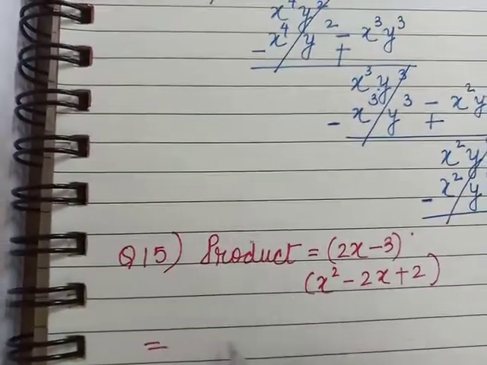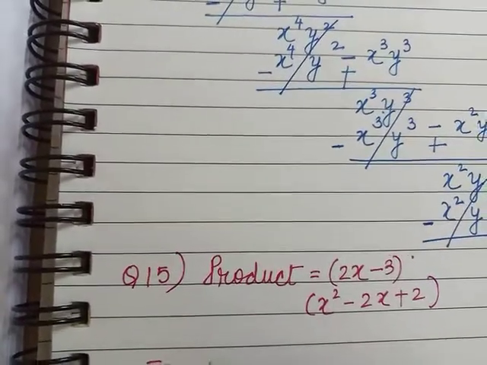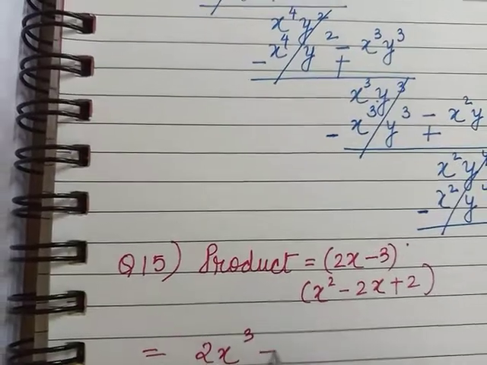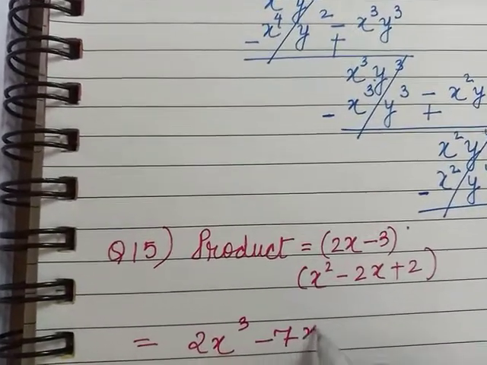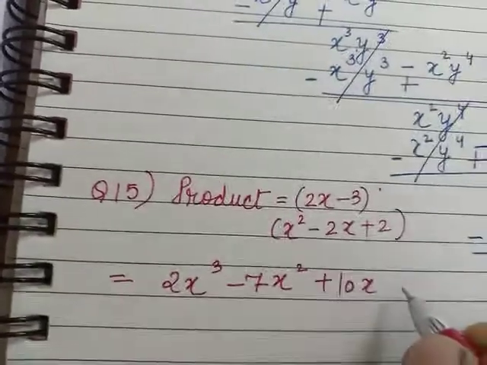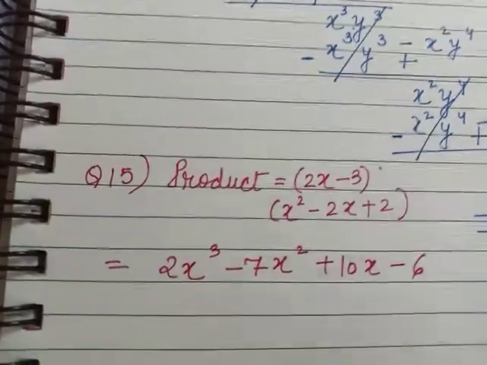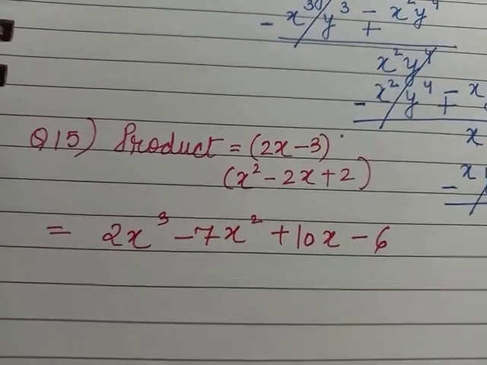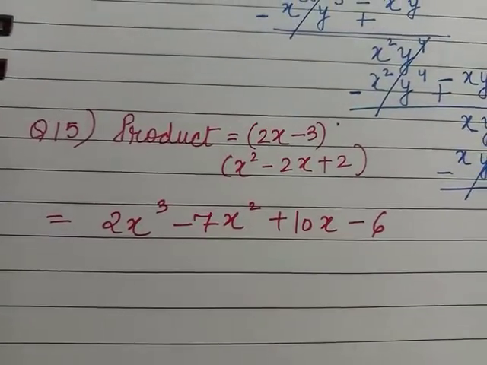Multiply these two and you will get the product as 2x cube minus 7x square plus 10x minus 6. Children, multiply and show the working of it.